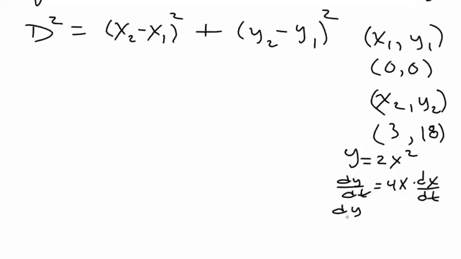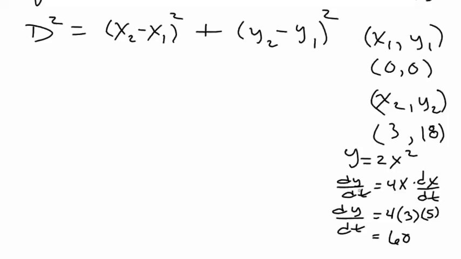So dy over dt is equal to 4 times our x value, 3, and then our dx over dt is 5. So 3 times 5 is 15, times 4 is 60. So our dy over dt is 60, and that would be centimeters per second.